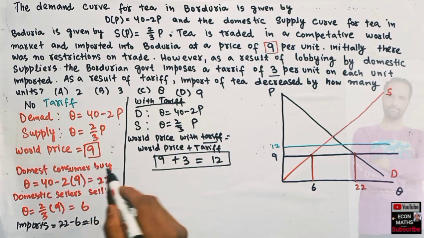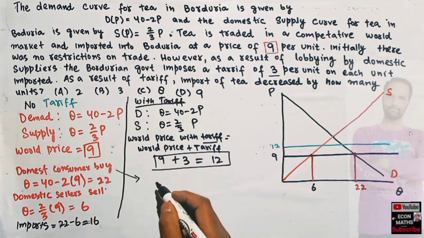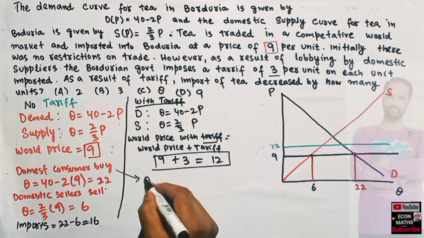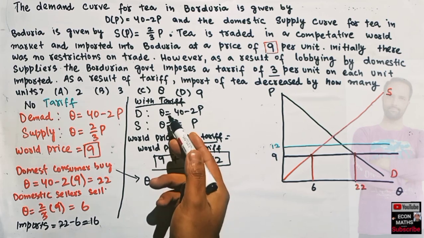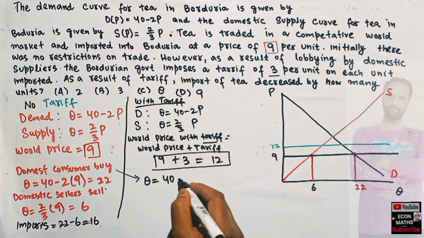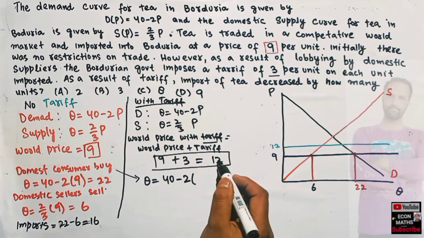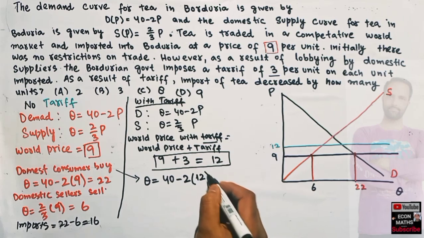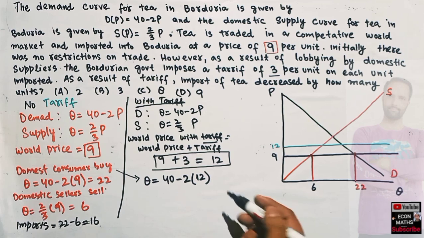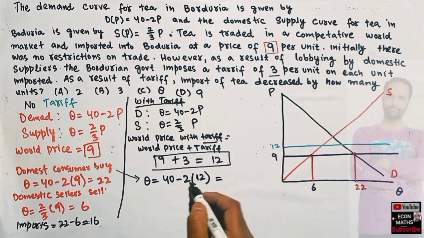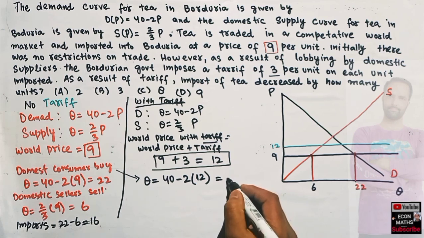Now corresponding to this new world price, what will be the quantity demanded? Domestic consumers will buy Q is equal to 40 minus 2 into 12, that is the new price after the tariff is imposed. 12 2s are 24, so this comes out to be 16.